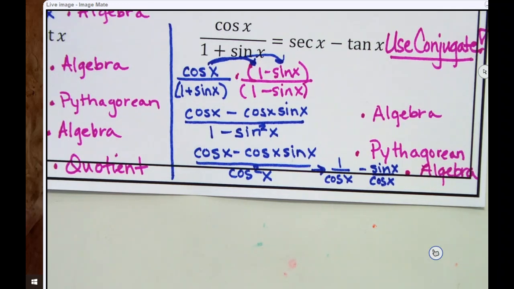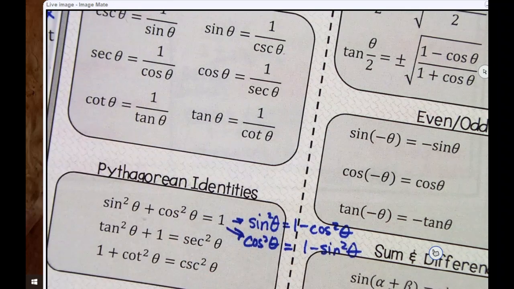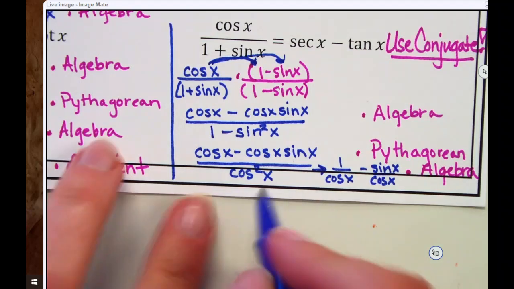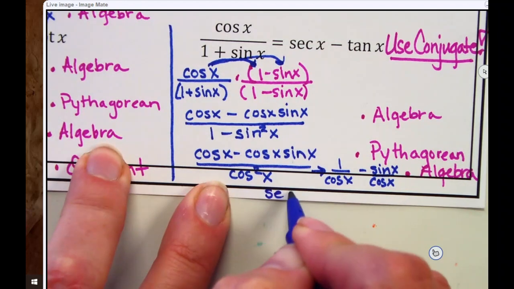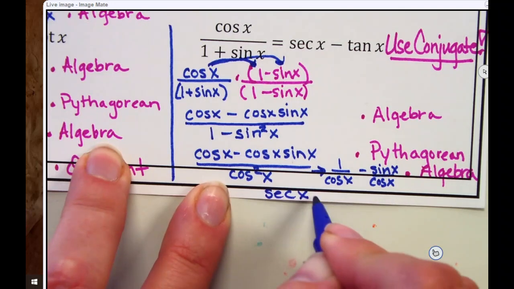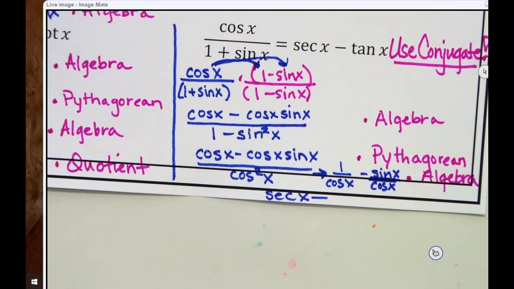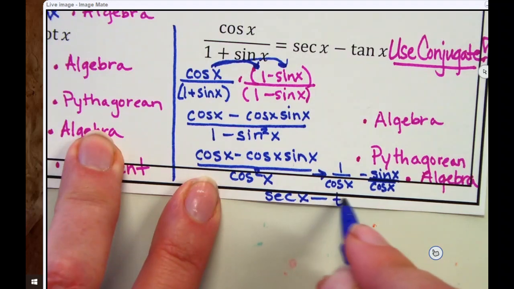What does 1 over cosine equal? Secant, perfect. So then we've got secant x minus what's sine over cosine? Tangent.